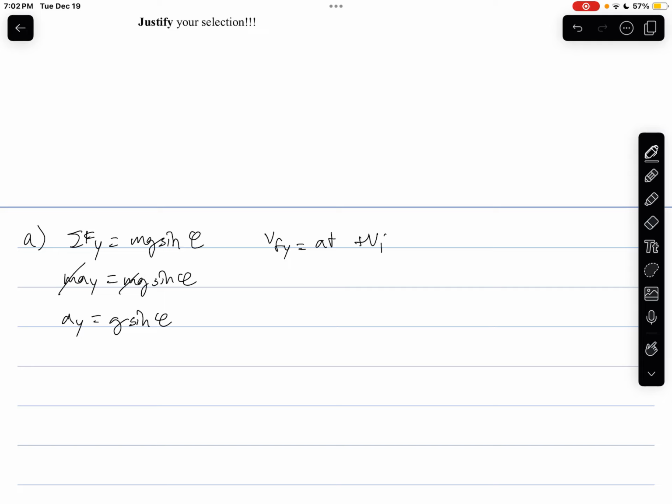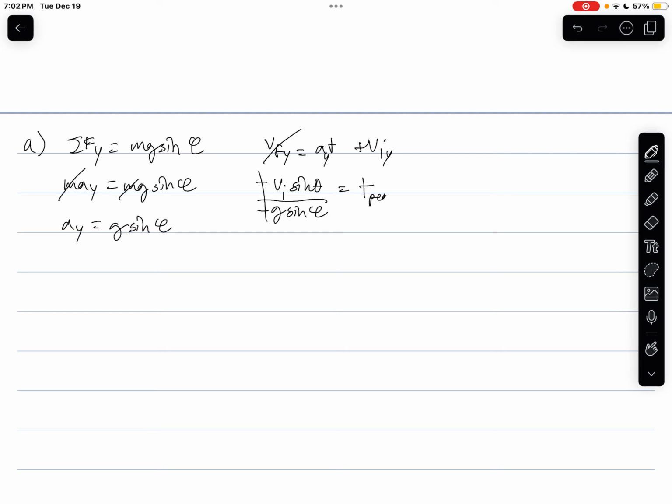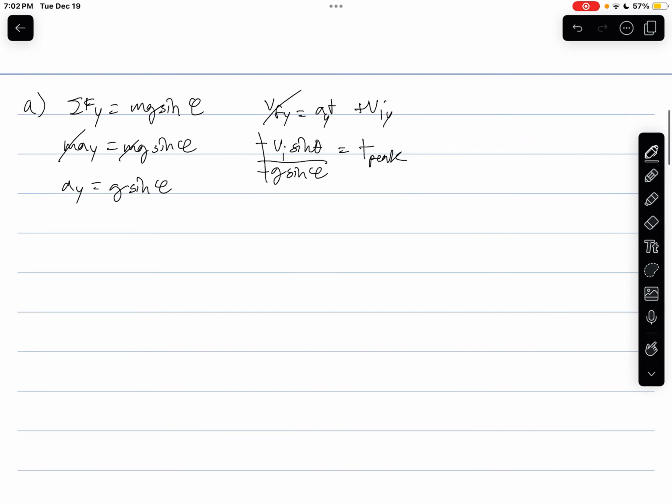At the peak there's no v_fy, because it's just the v_x sitting there. Then subtract v_i to the other side. And v_iy, yes, that's very important, v_iy is v_i sine of theta over negative g sine of theta 2 because it's acting downwards, so the negatives cancel, and you get t equals that. Yes, that is t peak.